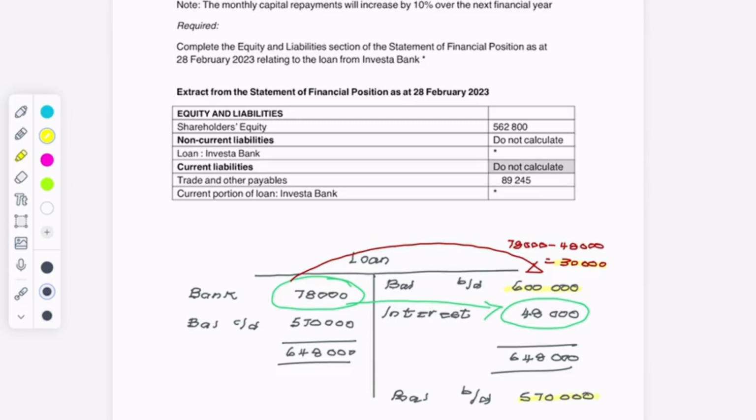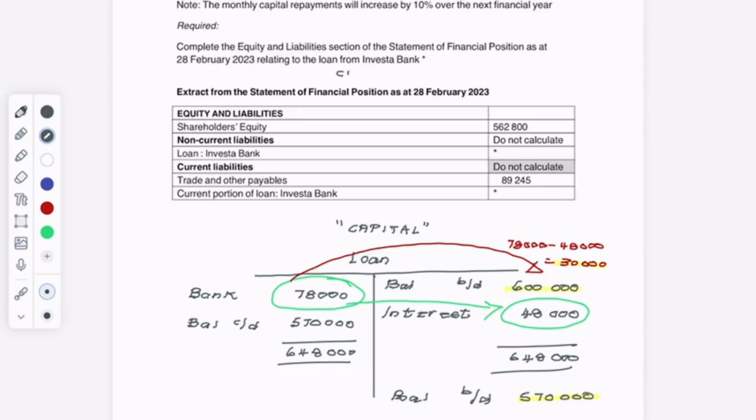So I want you to remember that in your loan, what is always left over is only ever the capital portion, because we remove the interest straight away through that payment. It's always only your capital. And the same applies to your statement of financial position.